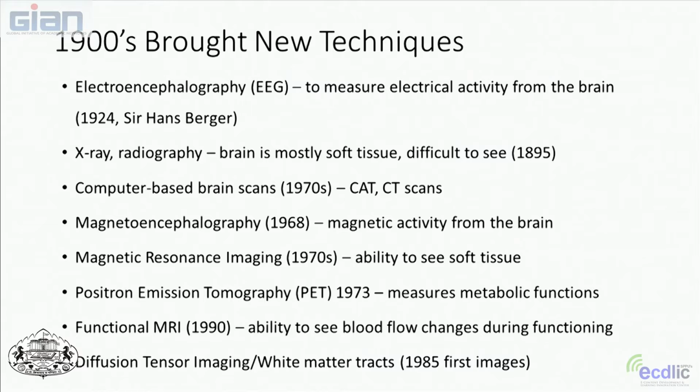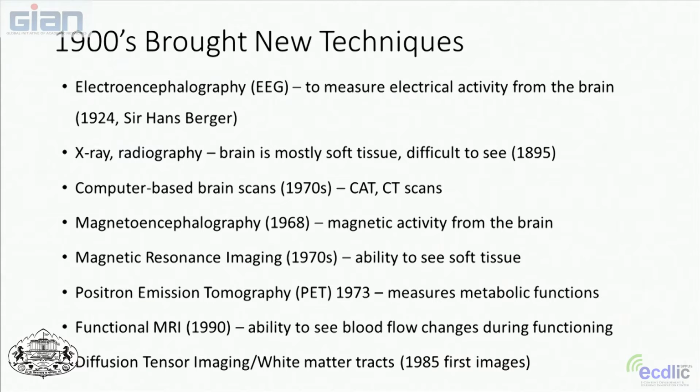Right around the 1900s and the turn of the century, some new techniques started coming about. EEG was an early technique to measure electrical activity from the brain. X-rays and radiography came around almost at the turn of the century, in 1895.